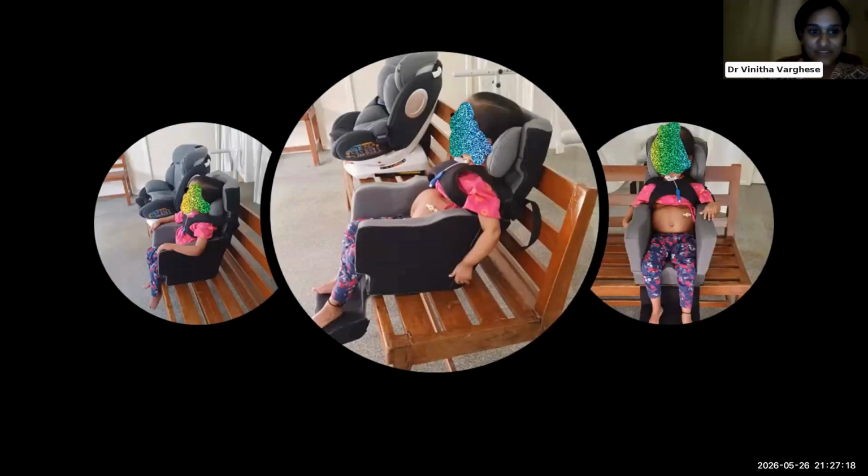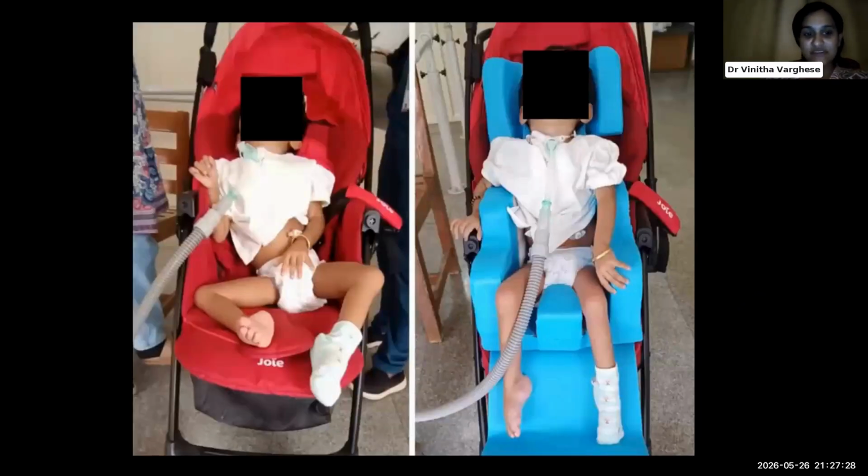So the team of orthotists, Miss Mahima and Emmanuel, did a lot of work in progressively making the child upright. We have gone through this even with a child with a tracheostomy and a peg tube, upright over time, and they've been quite successful this way.